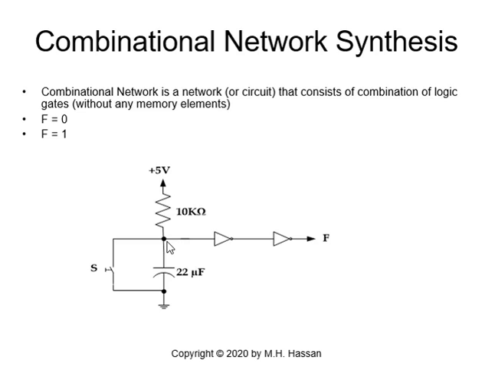So here I will get 0 volt, which will be complemented by the first inverter to logic 1, and complemented again to logic 0, so F will be equal to 0 when the switch is closed. So by a simple circuit, we have a clean F0 and F1 depending on whether the switch is closed or open.